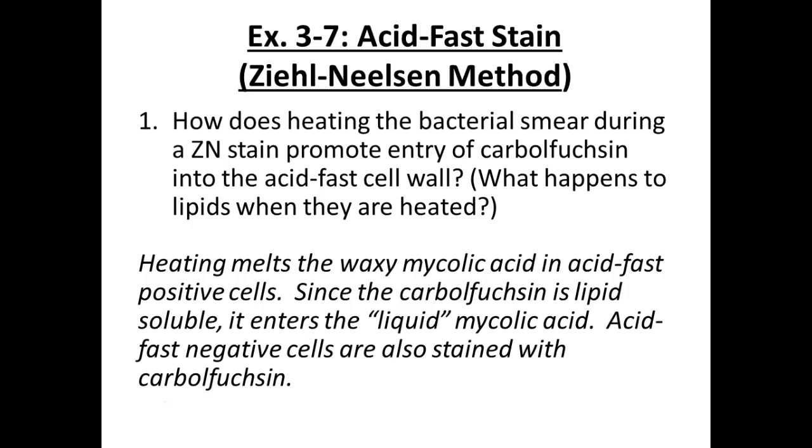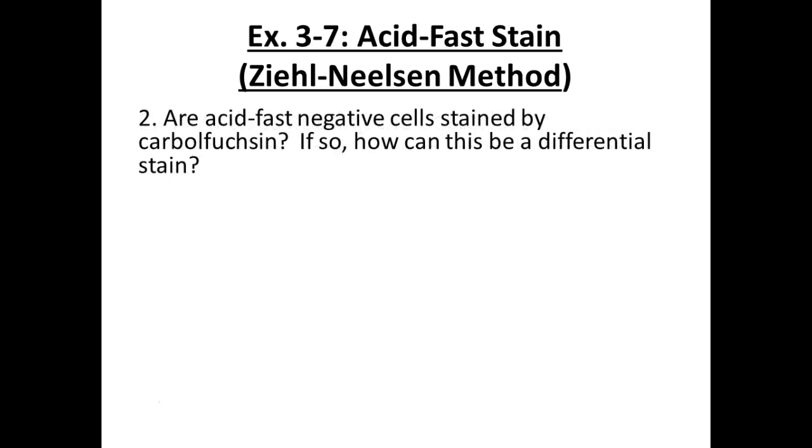Just like with the gram stain, remember, we are going to stain these cells, all of them, with the carbofuchsin. The difference is in the differential step when we decolorize. We're going to be removing the dye from the acid-fast negative or non-acid fast. So are acid-fast negative cells stained by carbofuchsin? Yes, right?